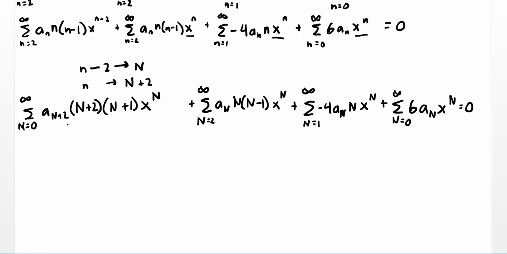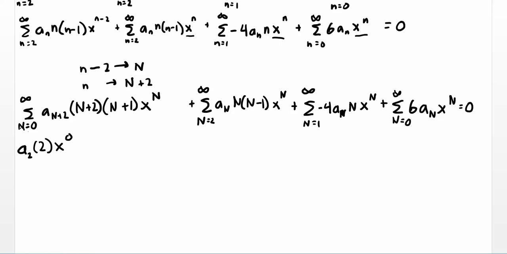So the first term in this expansion corresponds to capital N being 0, so the first term will be a sub 2 times capital N is 0, so times 2 times 1, so times 2, x to the 0. That's the first term.